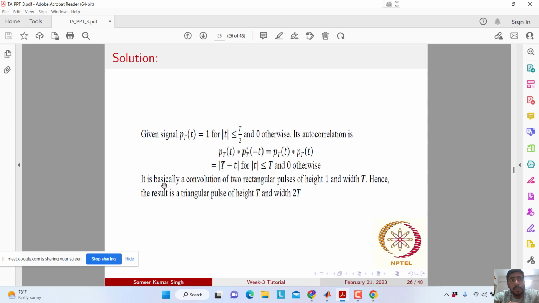Basically, the convolution of two rectangular pulses of height 1 and width T. We have two input signals, p(t), each having height 1 and width T. When we do the convolution of those rect pulses, we get a triangular pulse with height T and width 2T.